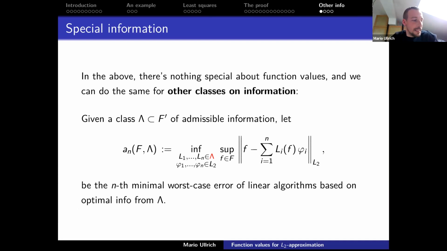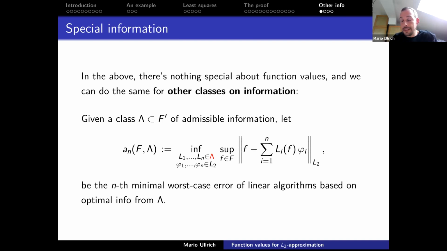Okay, I was discussing now the talk and the proof and everything for function values. And one might ask, yeah, why function values? I'm talking about general function classes and so on and so forth. And the thing is, there is nothing special about function values here in this thing I've said.